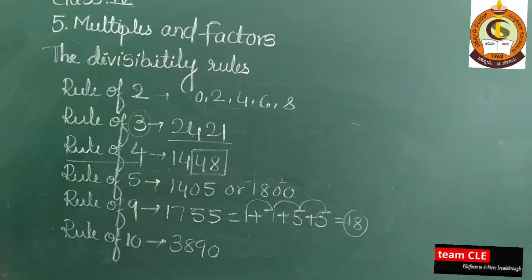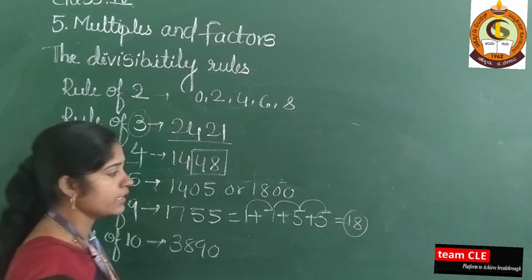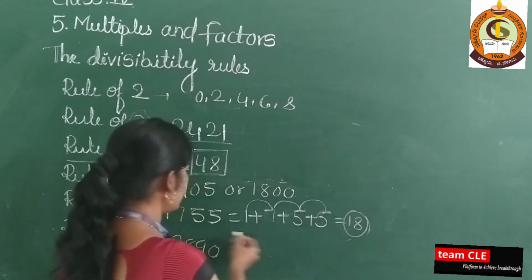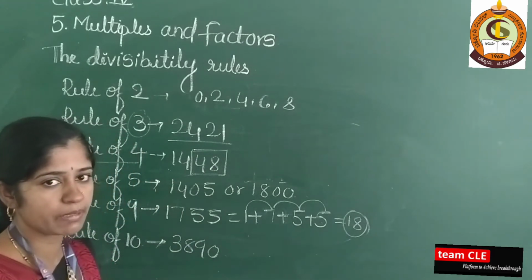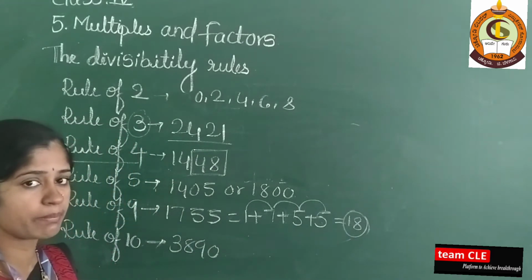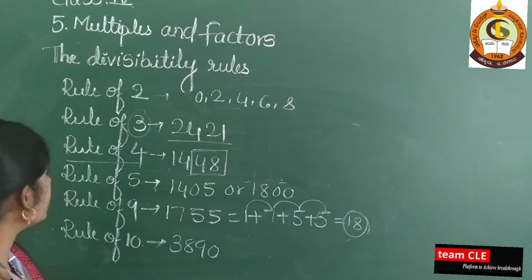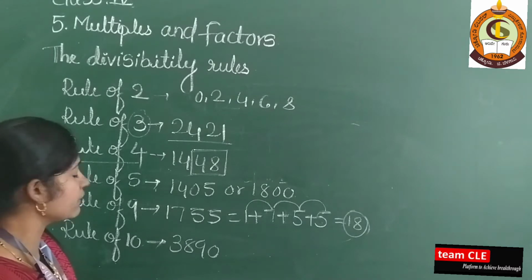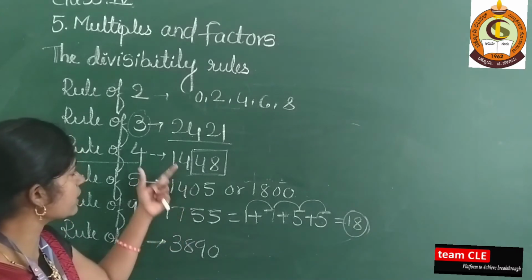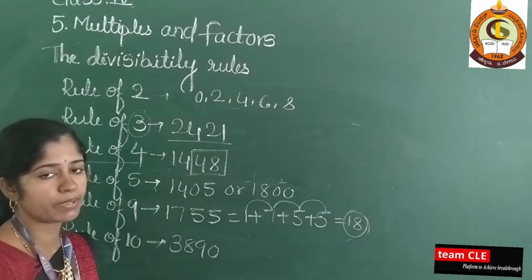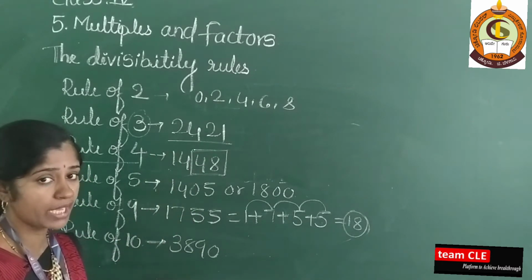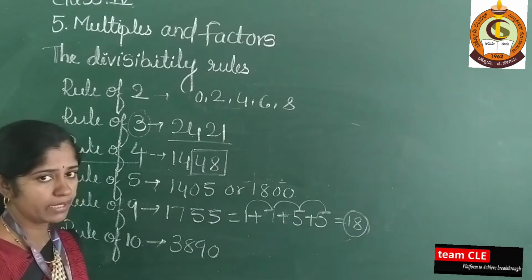Yes, 18 is there in the 9 ones table, which means this number is divisible by 9. If a number is divisible by 3, it does not necessarily mean that number is divisible by 9 also. So here is the divisibility rule of 3 and the divisibility rule of 9. You just add the digits, and if the sum is a multiple of 3 or a multiple of 9, then that number is divisible by 3 or 9.